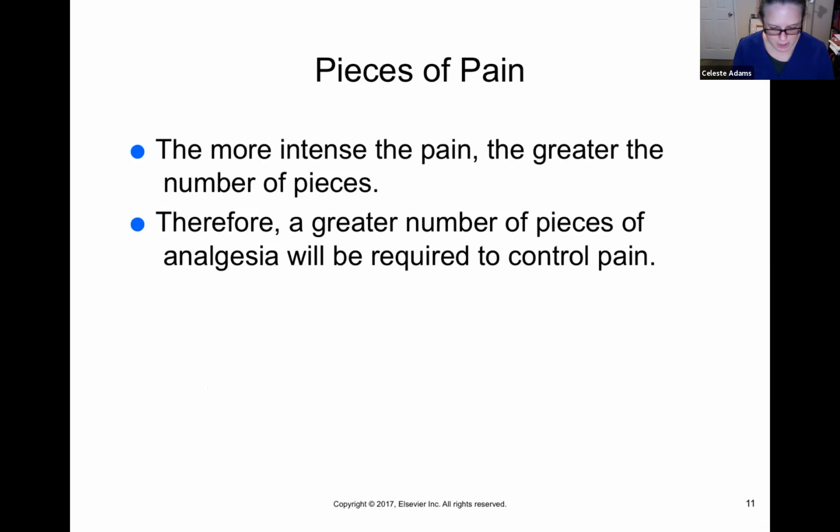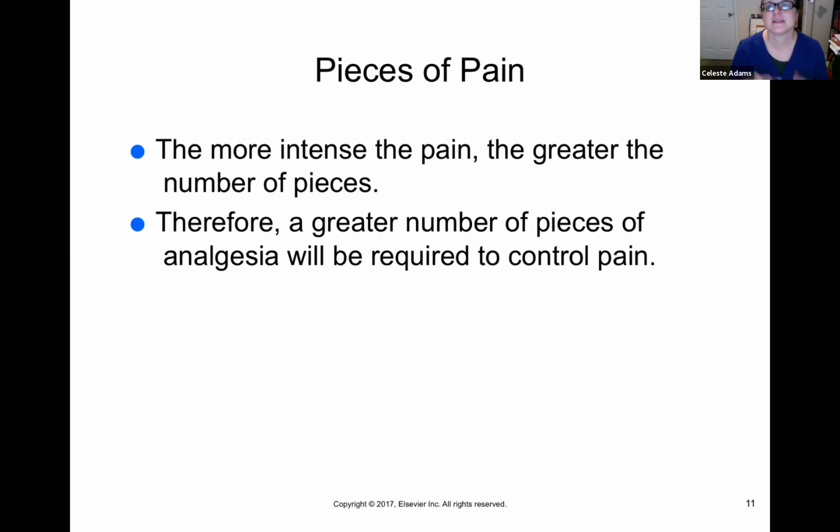Okay. So this is the pieces of pain theory. Now we're going to talk about the pieces of pain theory. This pain theory says the more intense the pain, the greater number of pieces. Therefore, a greater number of pieces of analgesia, of pain medicine, will be required to control the pain.